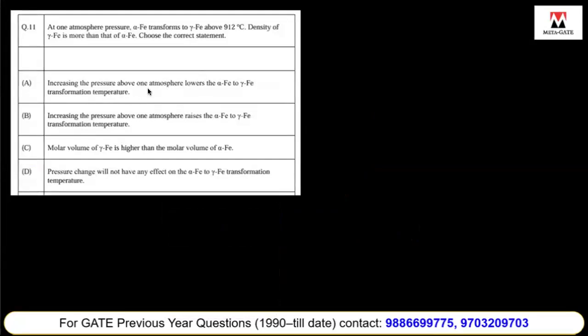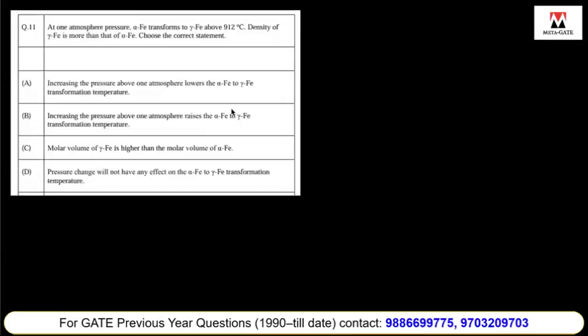Is this true? Increasing the pressure above 1 atmosphere lowers the alpha ferrite to gamma ferrite transformation temperature. This is true.